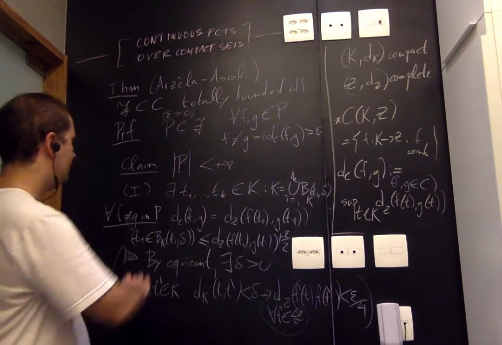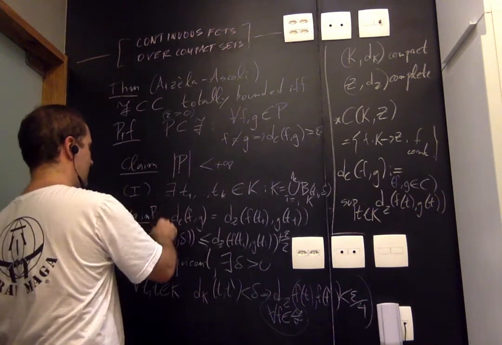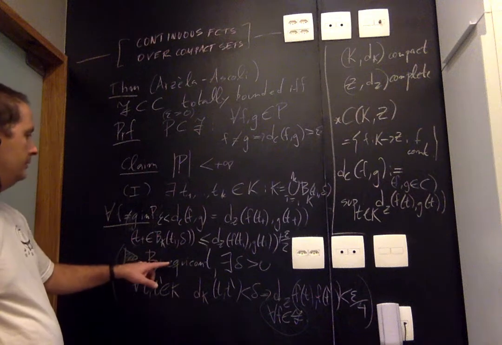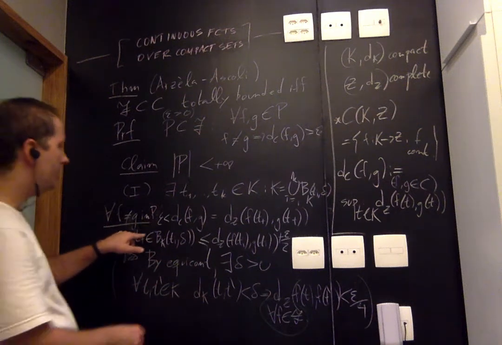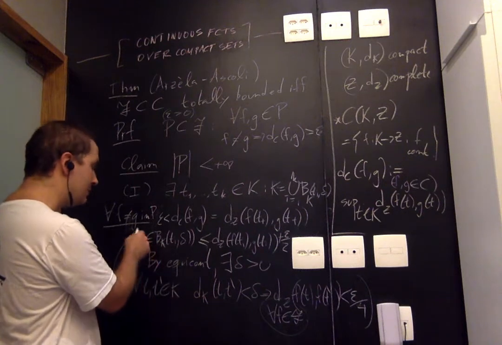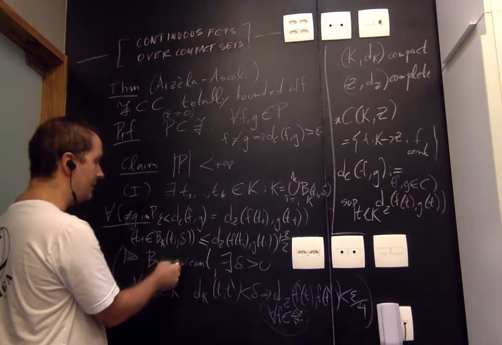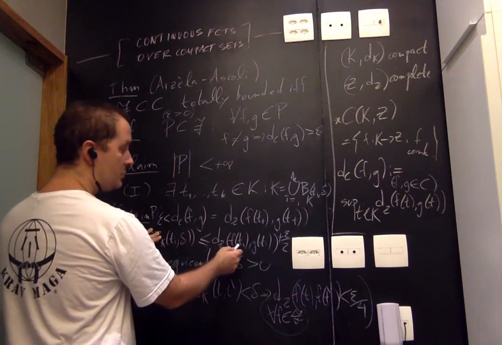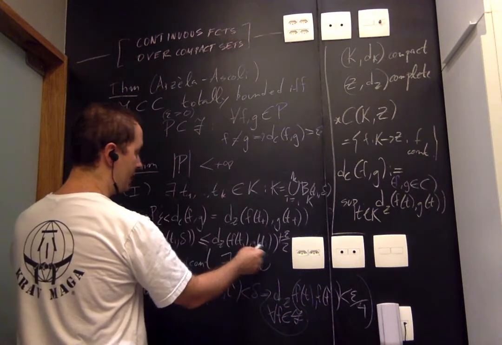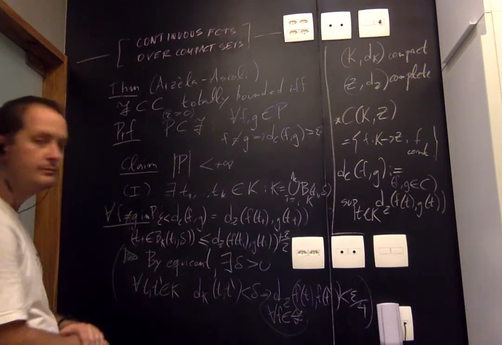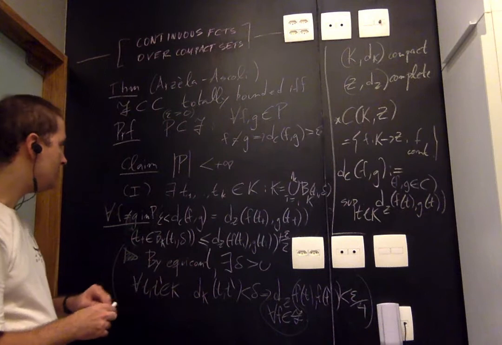And now what? Well, for these guys in the packing, I know that this distance is at least epsilon, right? What did I argue? I argued that there is a choice of t_i. Take the t_i such that t+ belongs to the ball around t_i. For this choice of t_i, the distance between f(t_i) and g(t_i) is at least epsilon minus this epsilon over 2. And that's what I wanted from before.